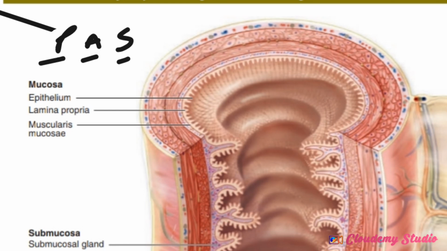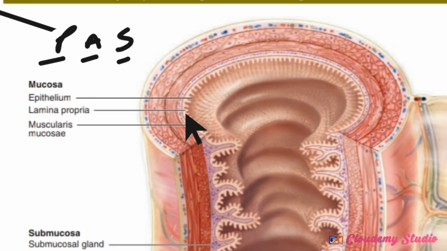Now, it also consists of lamina propria. What is the function of lamina propria itself? It is rich in blood supply and lymphatics. Digested food enters into this particular layer. Remember I told you that whenever food is digested, it is absorbed by the blood vessels.